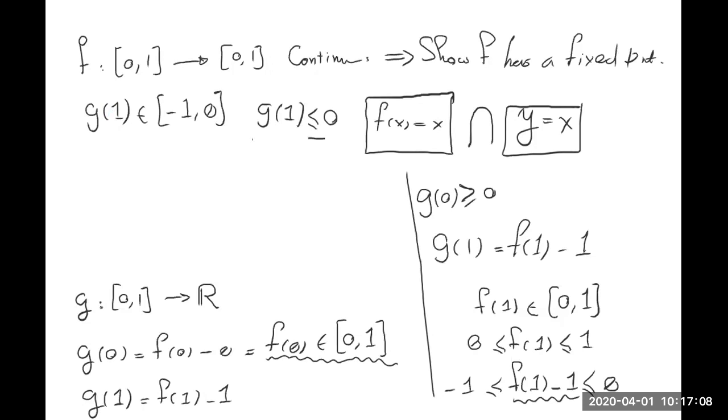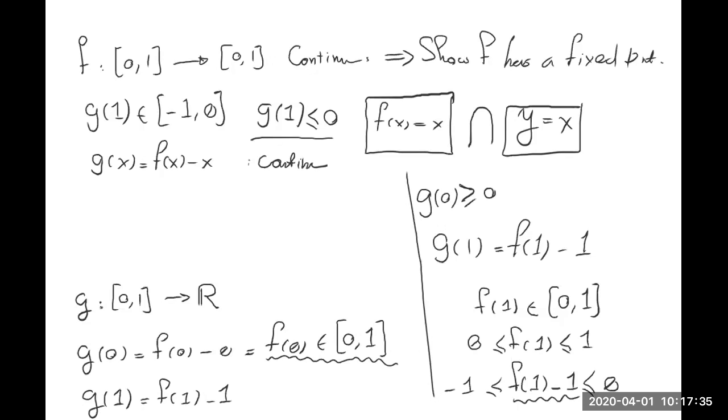Now this is important because if you look at the definition of g one more time, g of x is f of x minus x. We assumed f is continuous. Well, f is continuous, x is of course continuous, and the subtraction of two continuous functions is continuous, so g is continuous.